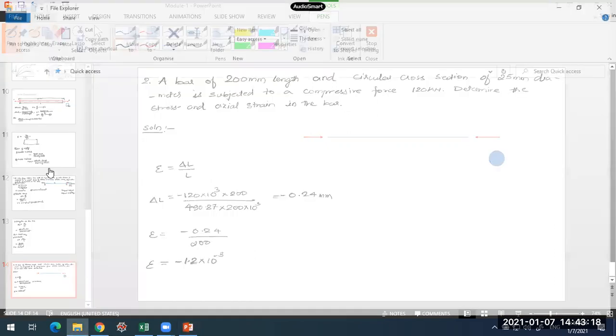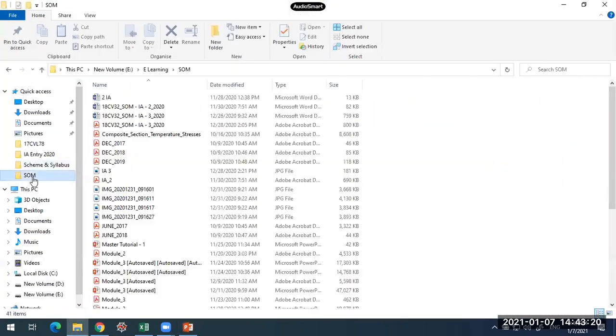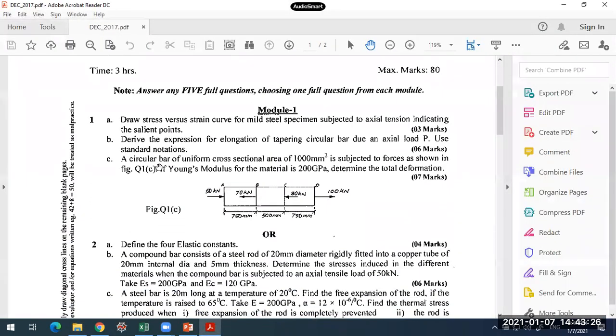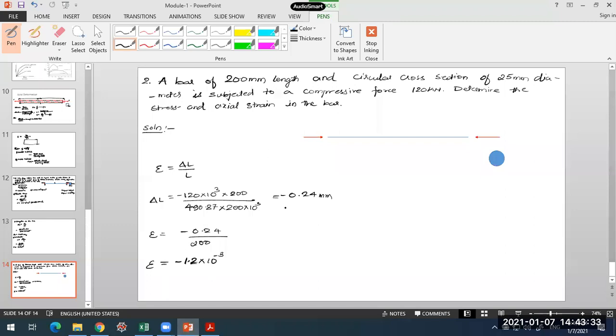That is one more problem we have. Why was there a minus sign? This negative sign was because the load was compressive. For that purpose, I have put a negative sign here to indicate that the length is going to reduce. After this application of load, the bar length will get shortened.